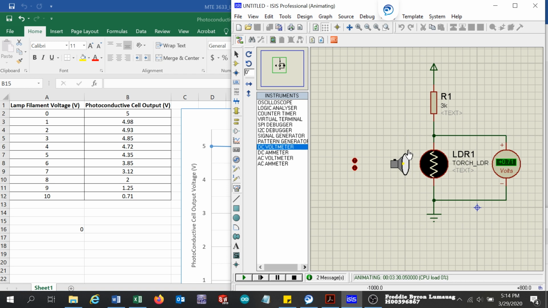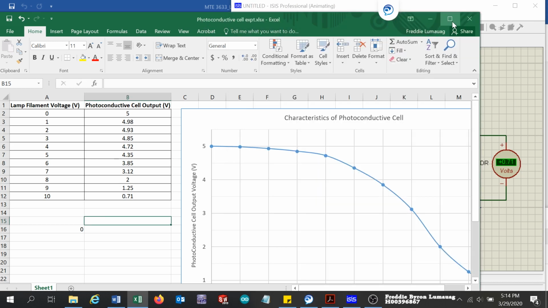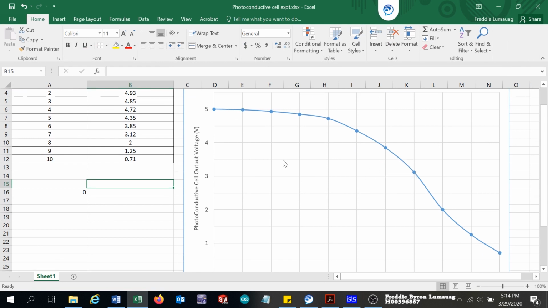So this lamp source is actually our simulation of the phototransistor, but the circuit is not needed to be reflected here. The source of light is enough, and the distance between the LDR and the lamp source. So here, this is our characteristics of our LDR, the response of the LDR in accordance to the light that falls onto its surface.